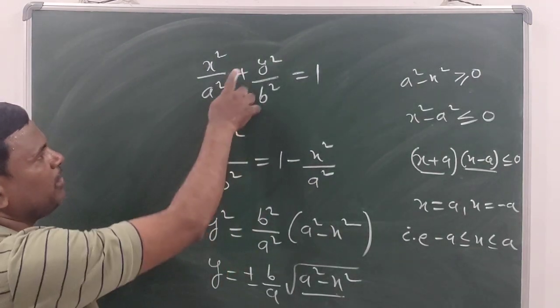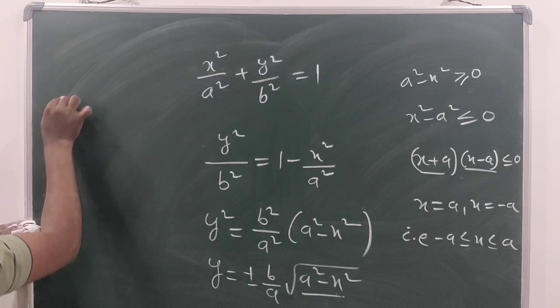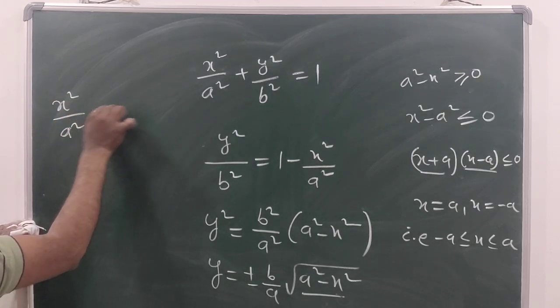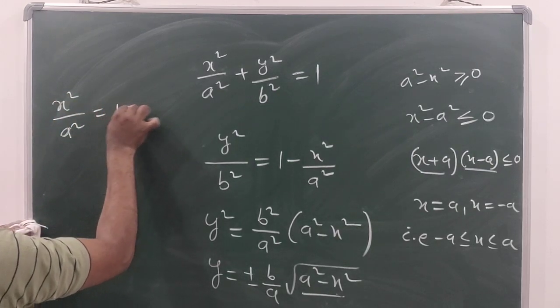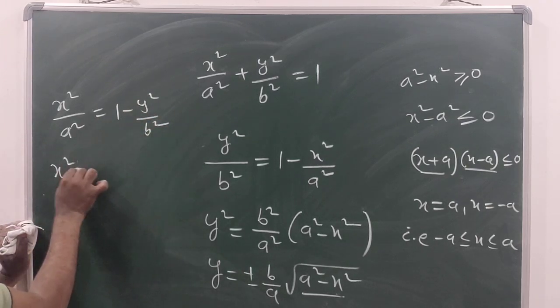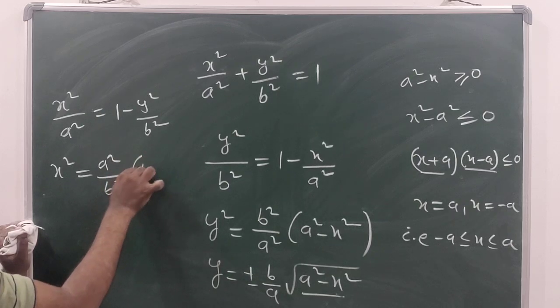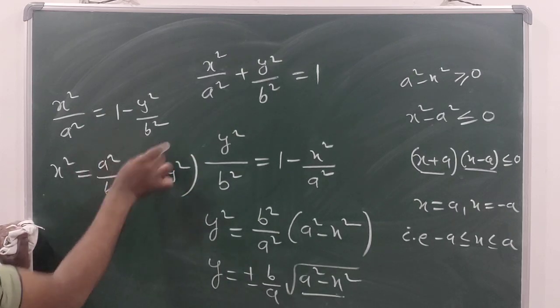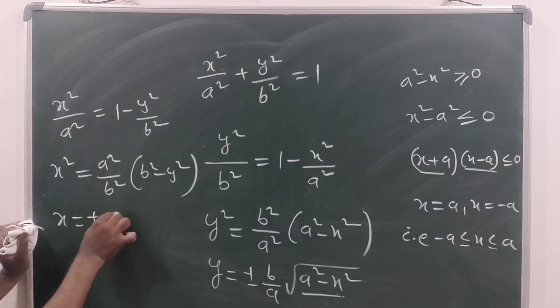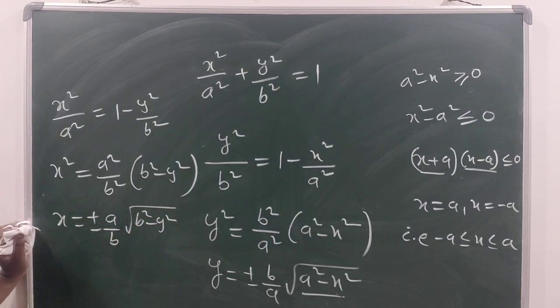Similarly, if you want to make x the subject, what do you get? x square by a square is equal to 1 minus y square by b square. Now x square, when you take a square to the right side, is a square by b square into (b square minus y square). When you take the square to that side, plus or minus a by b root of (b square minus y square) you will get.